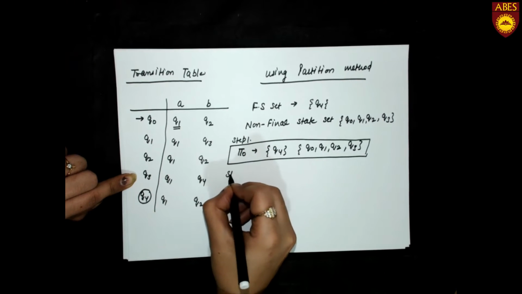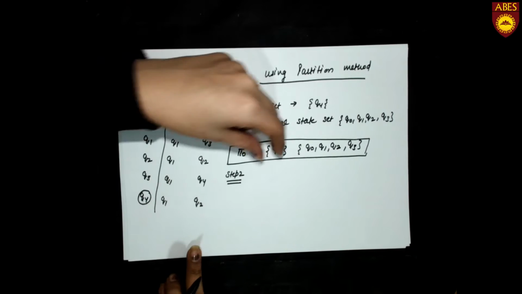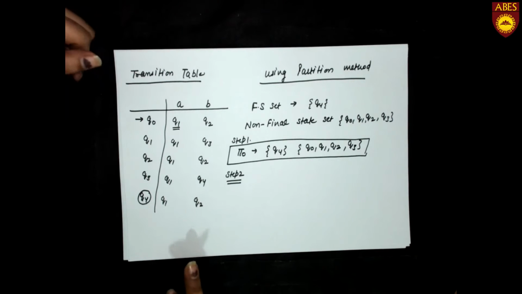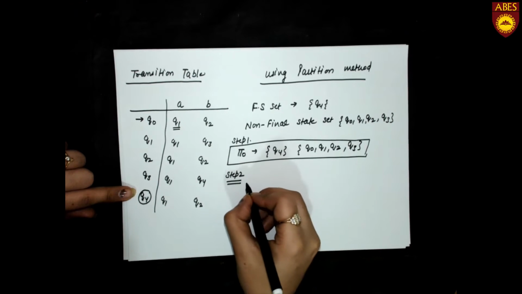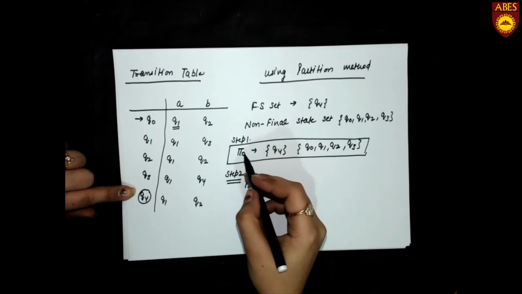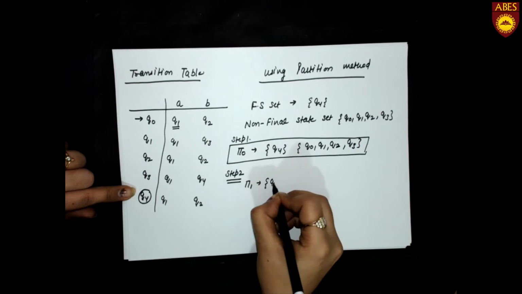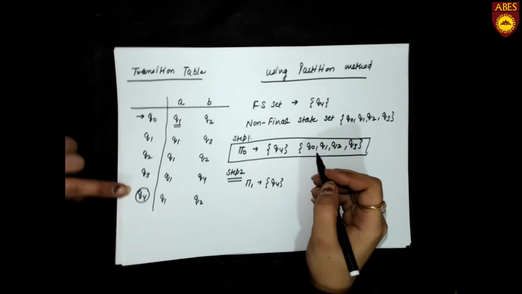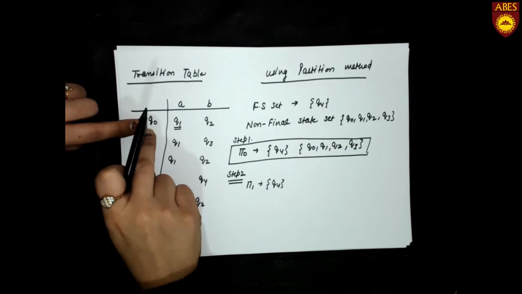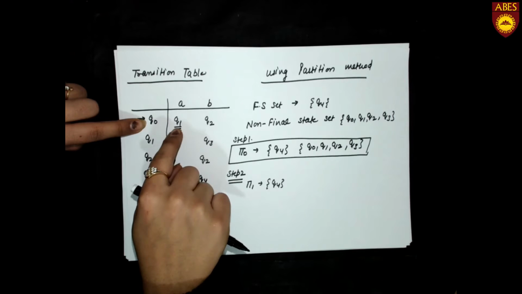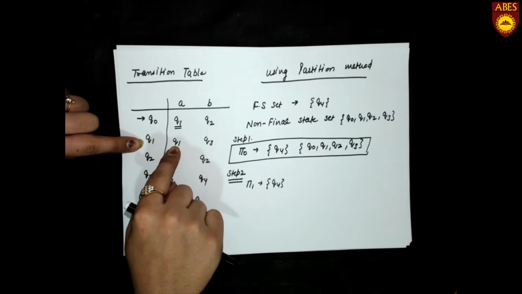Now the second step. In the second step, we have to merge these states to minimize this automata. The final state set will remain the same. This is pi 0 and this is pi 1. This is Q4. Now when we apply A to Q0, the answer is Q1. When we apply A to Q1, the answer is Q1.